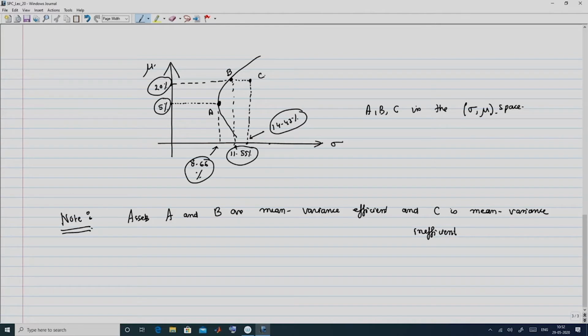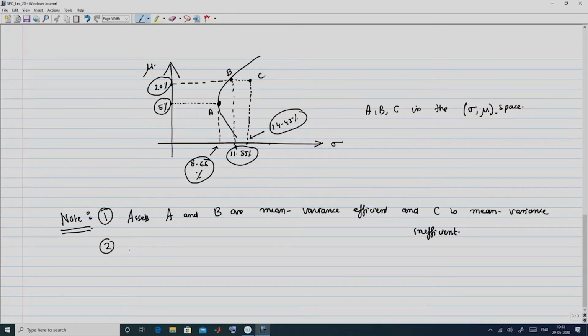So, this means that in the Markowitz framework only A and B are going to be desirable, and C is not going to be desirable, because C is a portfolio that does not lie on the efficient frontier. Alright, so now this is one observation that we have made from the point of view of the Markowitz mean variance framework. The next observation that we make is that C, however, is more desirable than A in some situations.